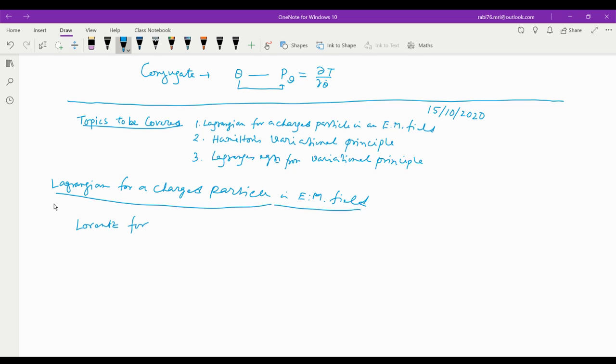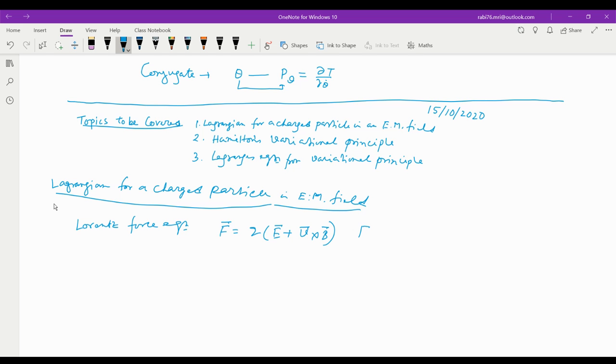Lorentz force equation: F equals Q into E, the electric field, plus V cross B. B is the magnetic field and V is the velocity vector.